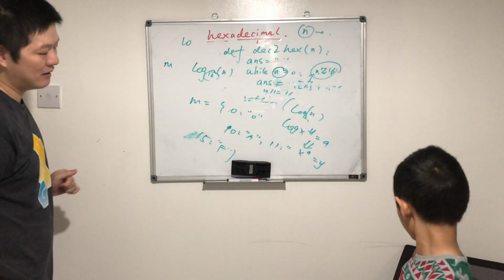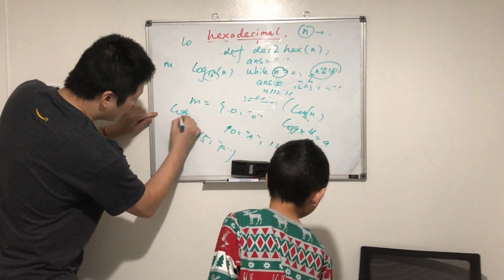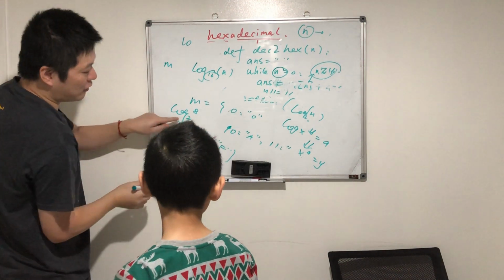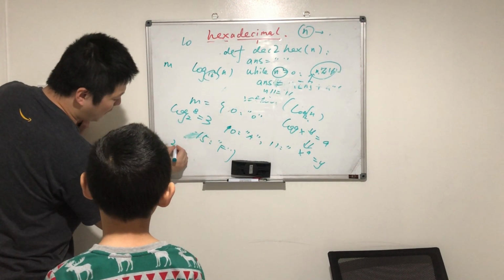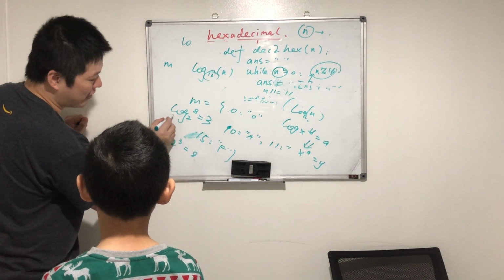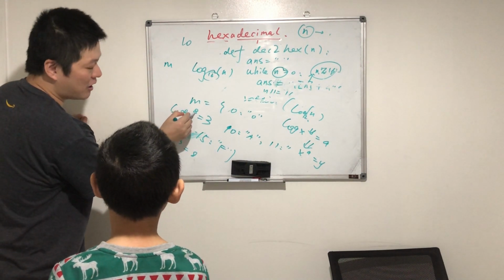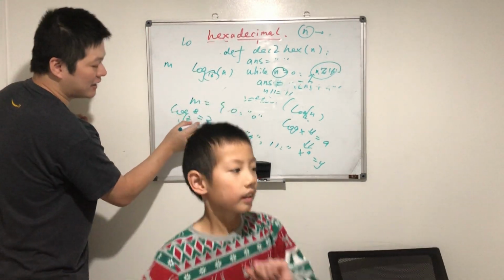Log base 2 of 2 to the power of 3 equals 3.